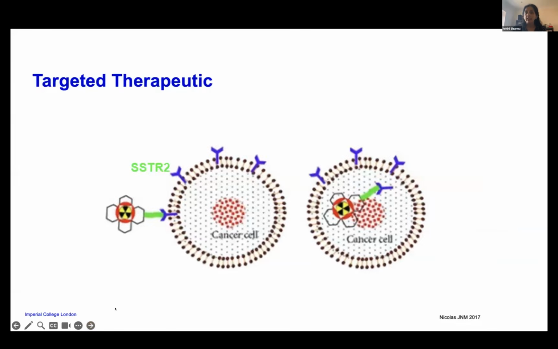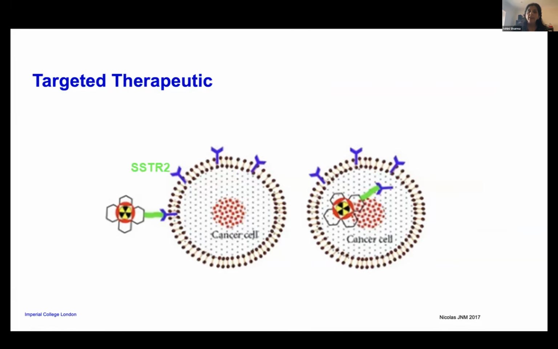This is then injected into the patient, and you can visualize where the somatostatin receptors are on the surface of the cancer cell. When you're visualizing where the receptors are, you use a very short-acting radiation, so the radiation is in the body just for a matter of minutes to hours. You see that they've got the receptor.